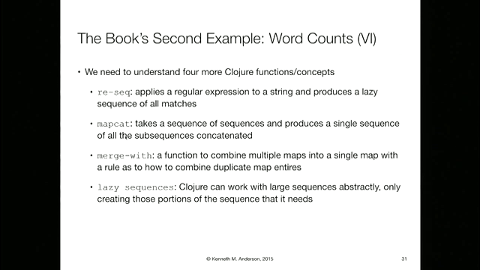Now, mapcat is referred to in other languages. If you have experience with Scala or other functional languages, mapcat is Clojure's flat map. So what mapcat does is you get a sequence, and each element of the sequence is another sequence. So in Java land, you can think of this as arrays of arrays. You get one array, and every element in the array is another array. Okay?